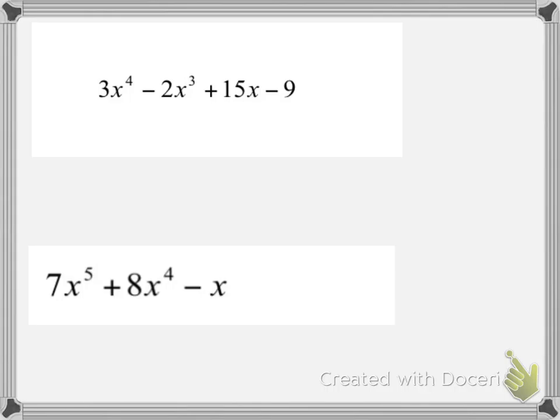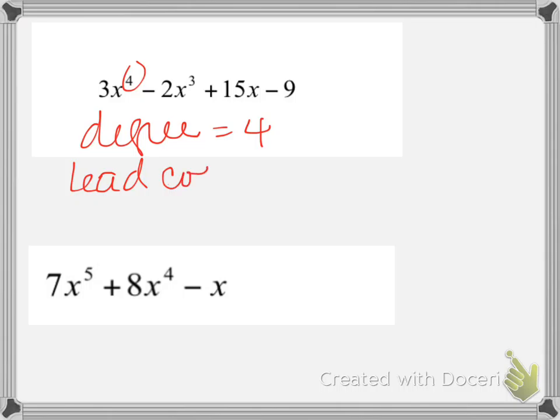So in this first example, we have a degree of 4 because that's the highest exponent. We have a leading coefficient, which is the number that's in front of that highest exponent. So the leading coefficient is 3. Notice that it's the number that's out front as long as you're written in standard form.